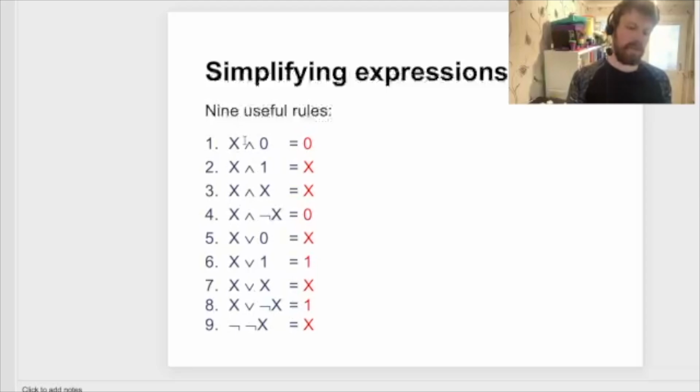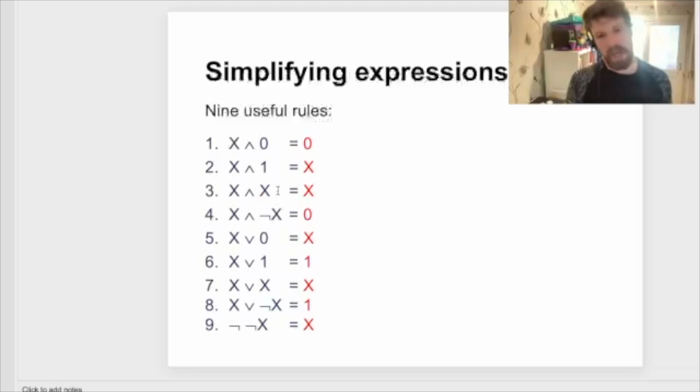In this case, it doesn't matter whether X is a 1 or a 0, it will always output 0. For this one, it's X and 1. Whatever X is, if it's a 0, it's going to be 0, and if it's a 1, it's going to be 1. So it's just going to be X, and we can get rid of that 1. Again, we're trying to reduce the number of gates or inputs to make the logic circuit more simplified.